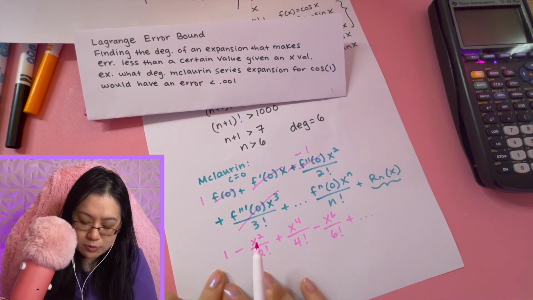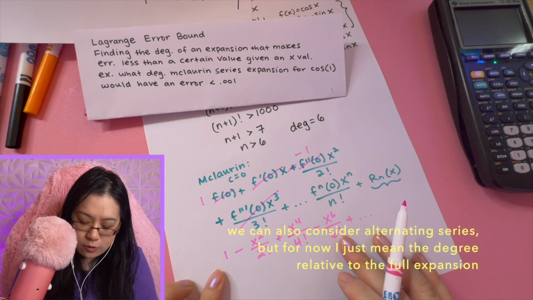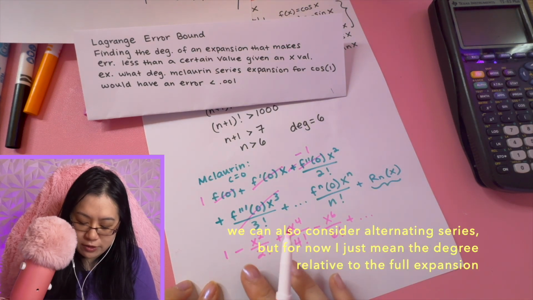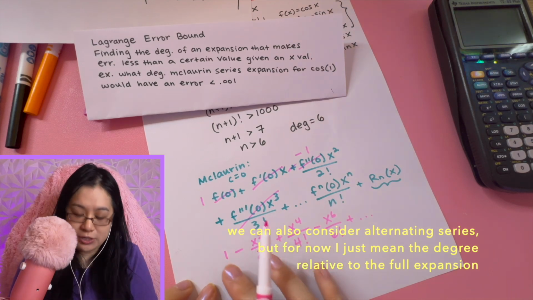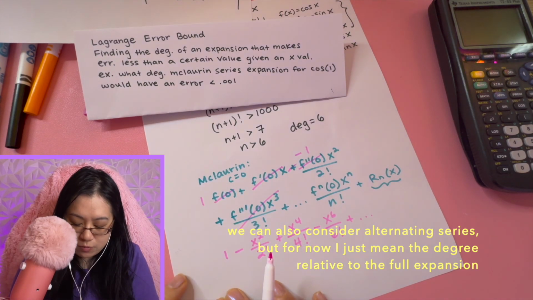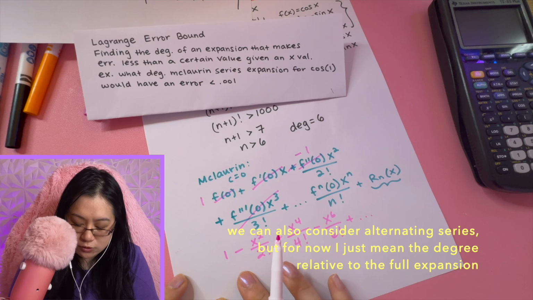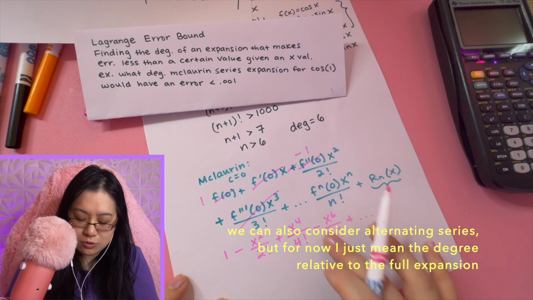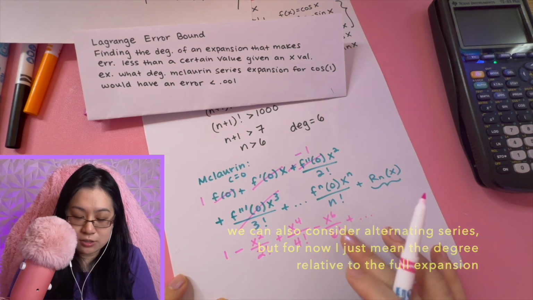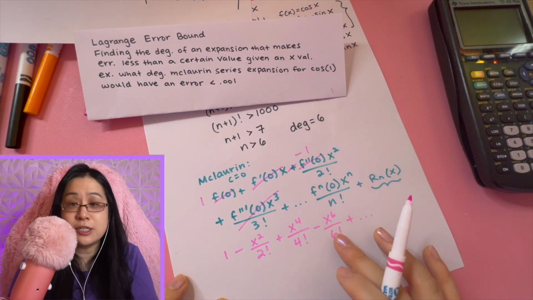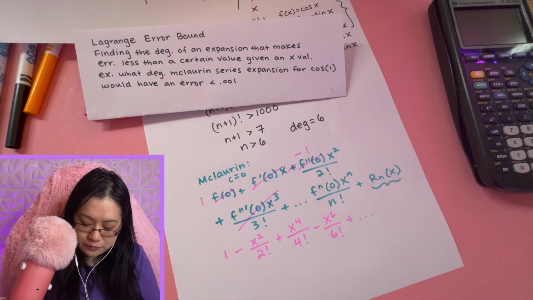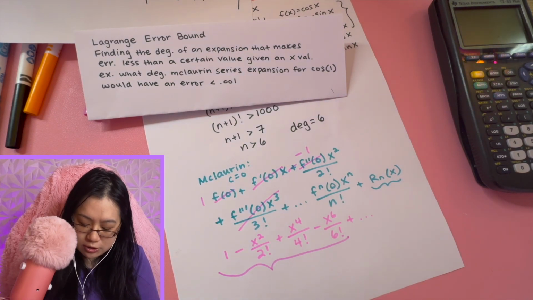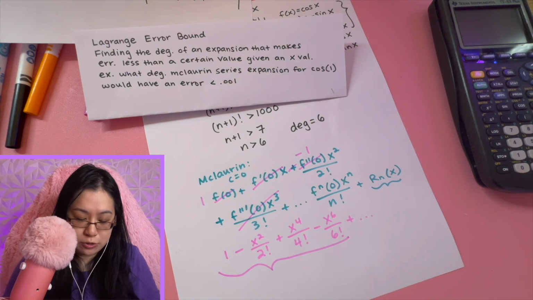So if we're going up to 6, we're talking about up to this value, because we have one term, which is kind of like the 0th but also the first term, and then we have the in-between terms: the first derivative, second derivative, third, fourth, fifth, sixth. So this would be our 6th piece here, our degree 6. We would actually stop here for the expansion, and let's see if that is actually true.